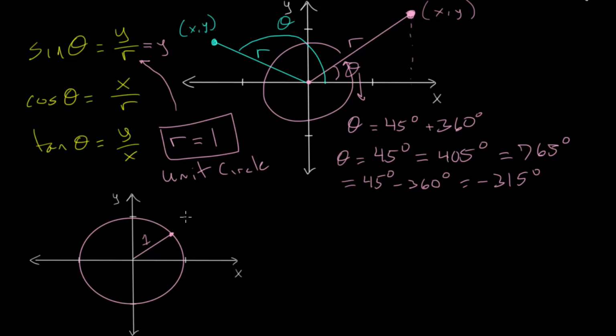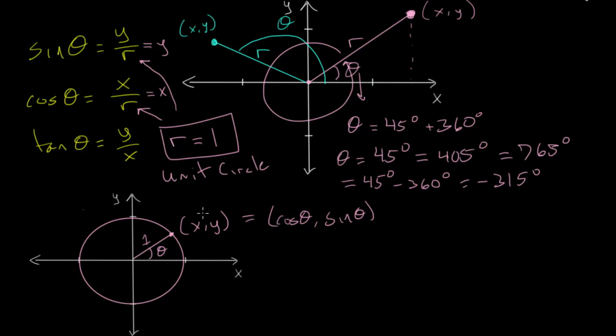So the y-coordinate on the unit circle is the sine of this angle here, theta. And for x, for the cosine function, this reduces to x over 1, or just x. And the x-coordinate on the unit circle is the cosine of the angle.